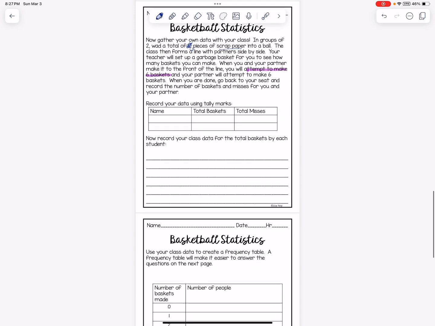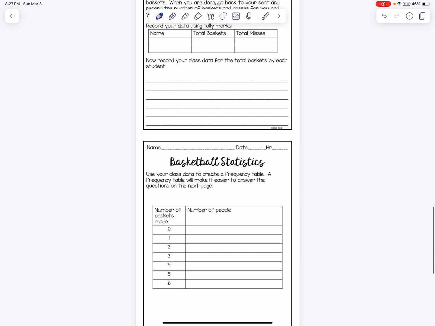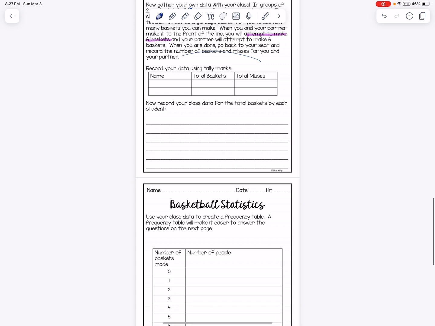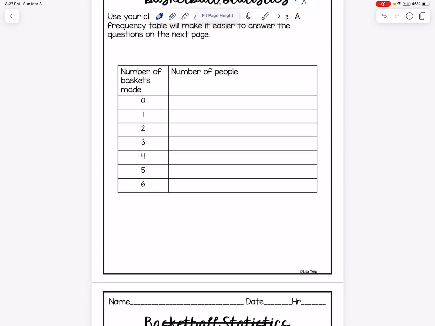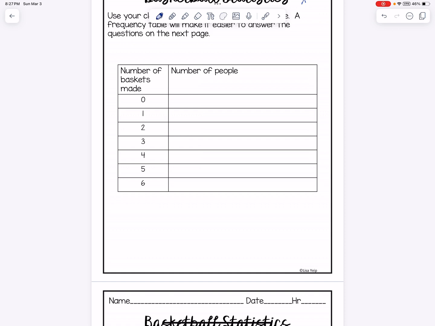Okay, so let's go ahead and say that to set this up, instead of using this space here, why don't you just go straight down to here to record your data, and we're going to have you shoot 6 shots, but we want you to do that for 10 trials.